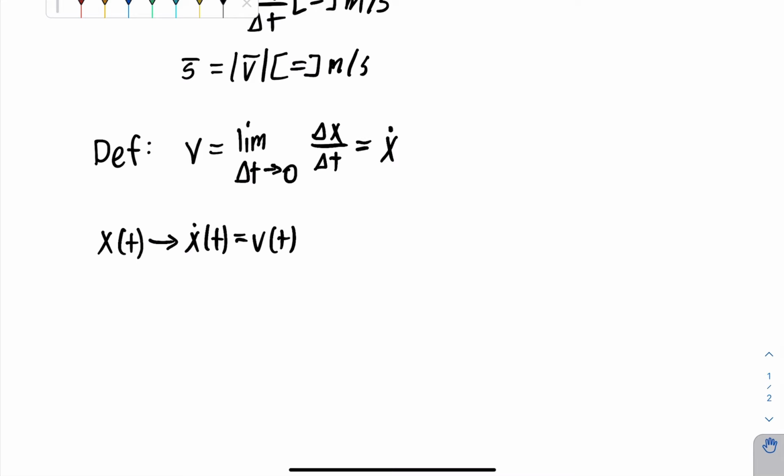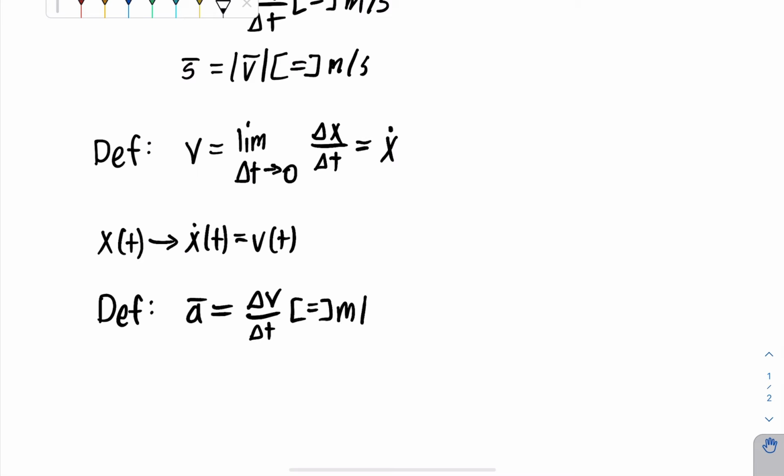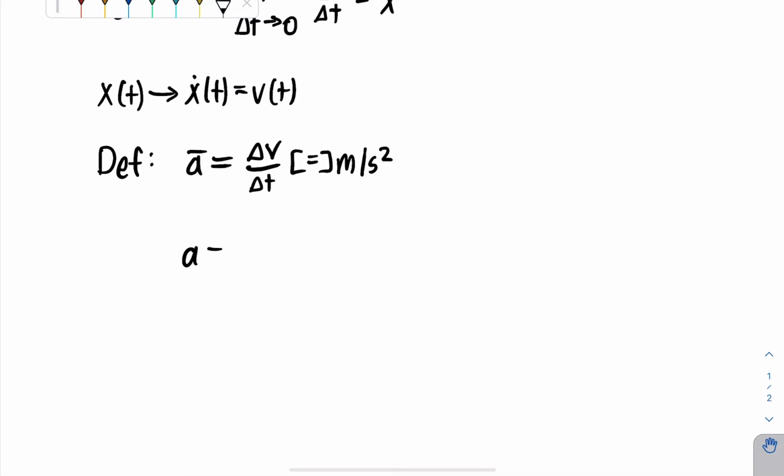Finally, we want to introduce another quantity called the acceleration. So another definition. The average acceleration is equal to the change in velocity over the change in time. And this is in meters per second squared. We can take a similar limiting process to get the instantaneous acceleration, such that the acceleration at any time is equal to the limit as delta t goes to 0 of delta v over delta t, which is equal to v dot, which is also equal to x double dot.